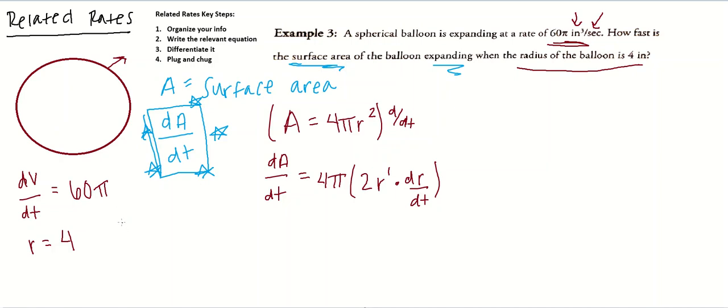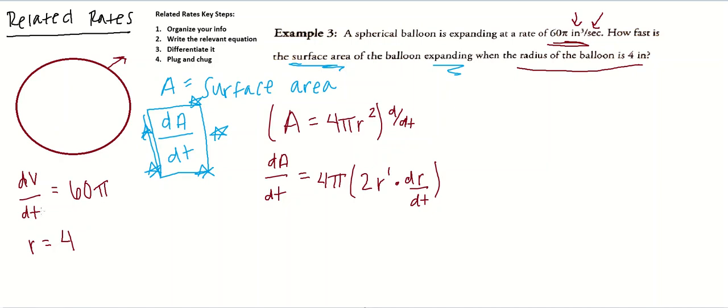In the previous example, we didn't know what x was, so we used the Pythagorean Theorem. So we're going to have to do a bit of a similar thing here, but it is kind of tricky. So again, knowing that this is the next step you would do just takes a little bit of practice and getting really familiar with these problems. So okay, we don't know what dr/dt is. What's the other bit of information that they gave us that we haven't used yet?